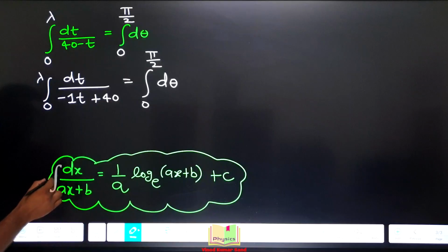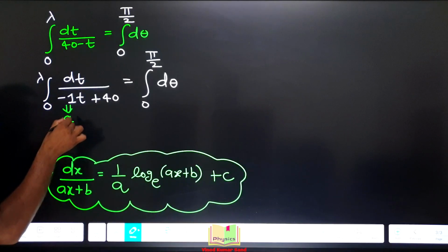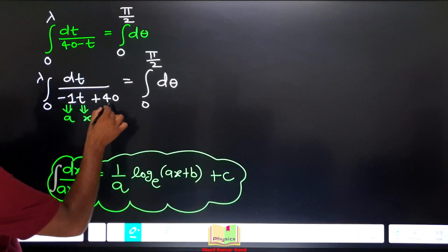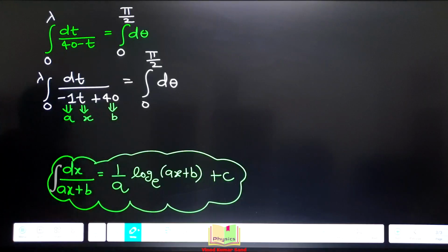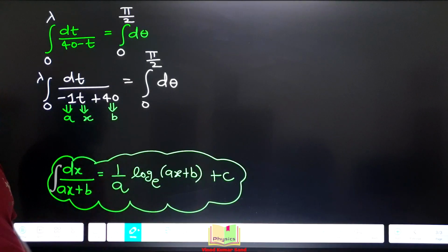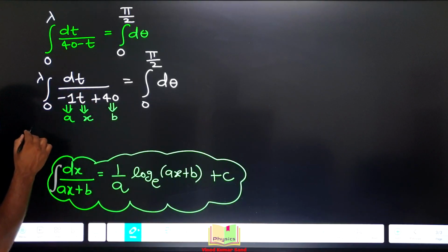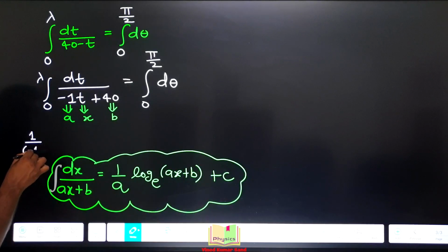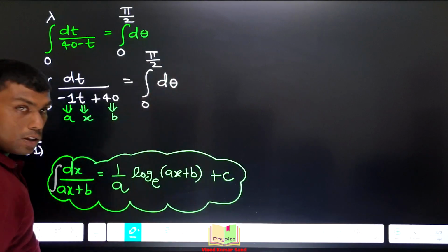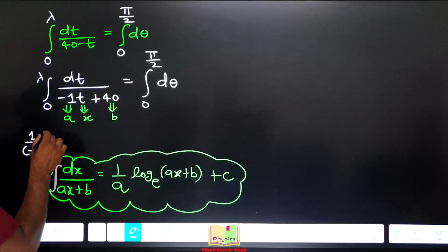Now you can compare the things. This minus 1 serves as a, this t serves as x, and this serves as b. And then we will get the data accordingly. So integrating it, what we will get? 1 by a means 1 by minus 1. Again, we'll shift that minus to the right hand side for simplicity.